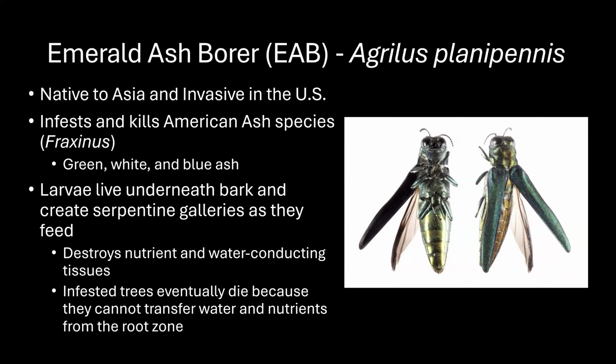Again, the mountain ash that I talked about is not a true ash species. I think its genus is Sorbus, Sorbus americana, I think is the species. That is not a true ash, and so it's not impacted by the emerald ash borer. But another tree that is affected by emerald ash borer that we do see is our native white fringe tree, which is actually closely related to our ash trees.